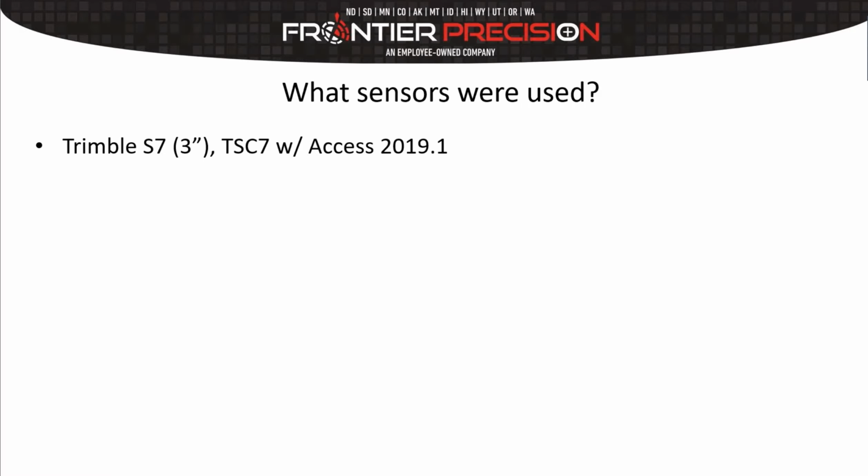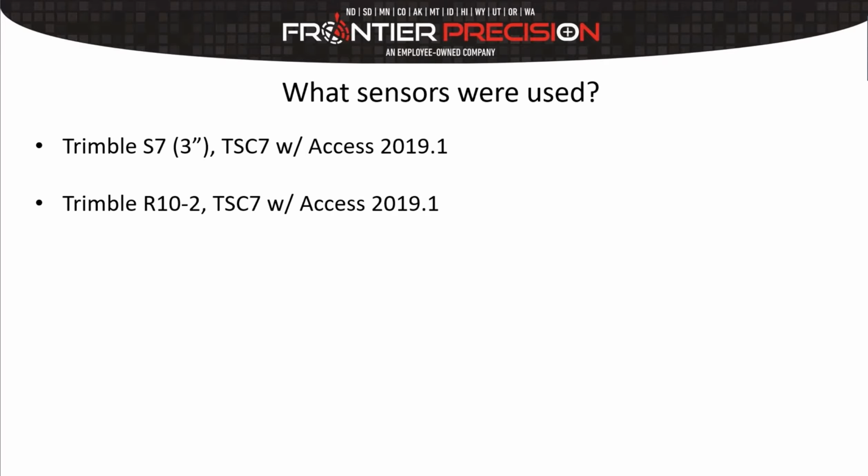So what sensors did we use for kind of our baseline data set? We used the Trimble S7. It was just a 3-second, pretty standard robot. We tried to use tools that we figure most of our customers would use on a daily basis. So a 3-second S7 with the TSC7, running the latest version of Access at the time, which was 2019.1.